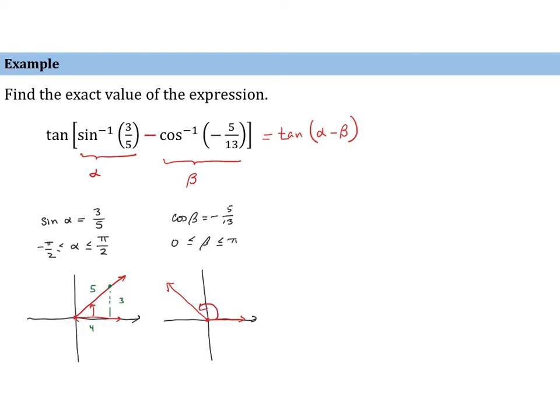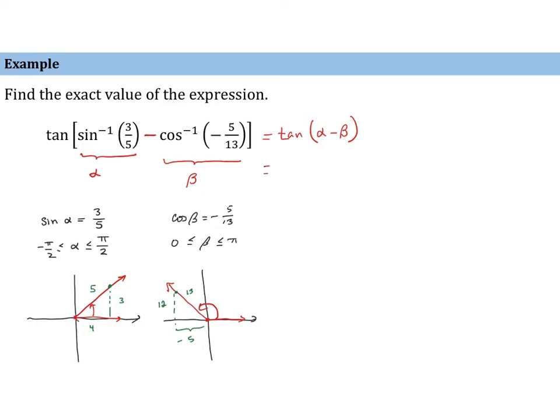So again, let's drop a perpendicular to our x-axis. In cosine, this will be 5 and 13, but since we're on the negative x-axis, we'll make that a negative 5, and either using a Pythagorean triple, 5, 12, 13, or the Pythagorean theorem and determining that that is a 12, we can now find the rest of our tangent.